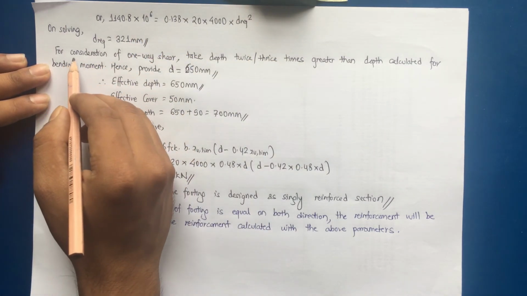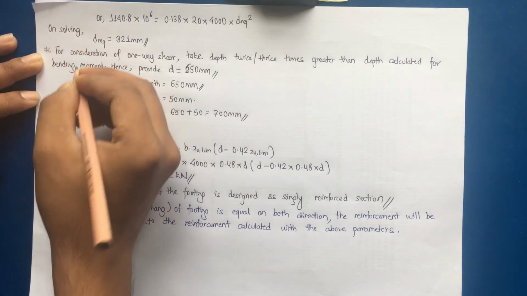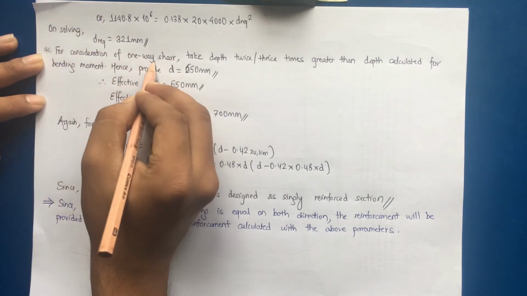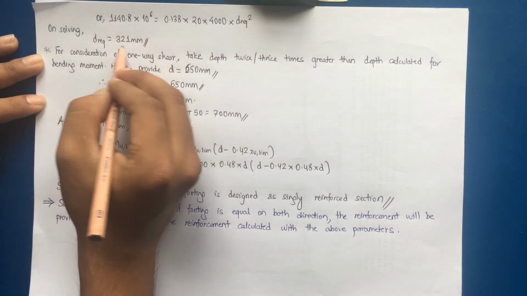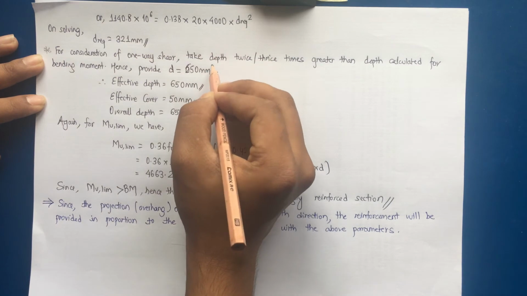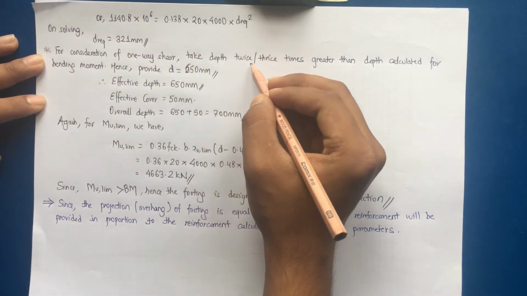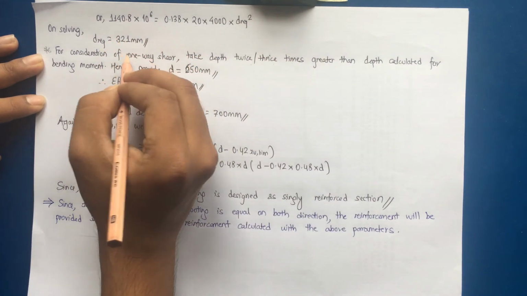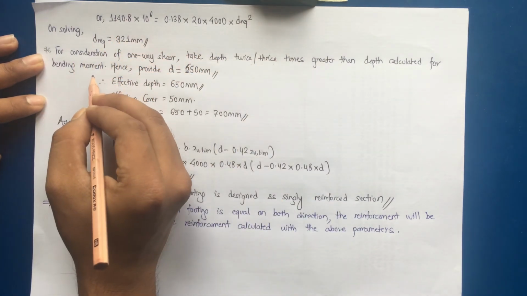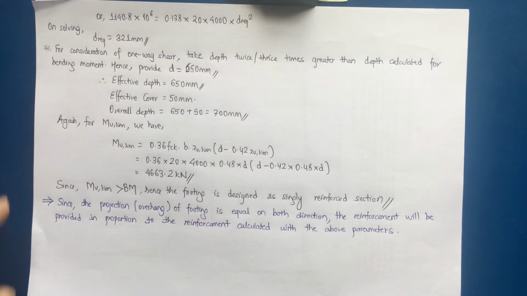For consideration of one-way shear, this is the point we have to understand. The depth calculated from the bending moment may not be sufficient. So we have to take the depth twice or thrice the value calculated from the moment consideration, to keep the footing safe in one-way shear.